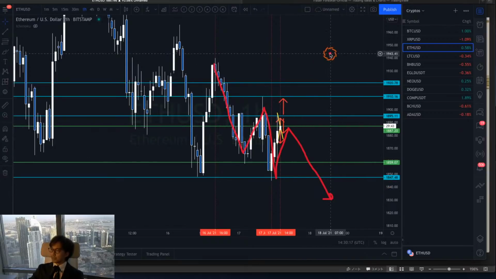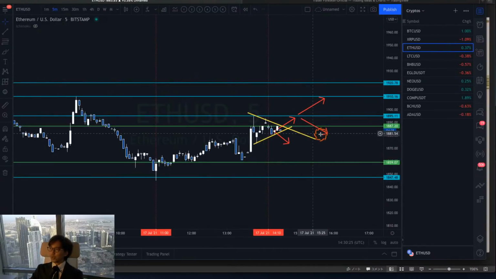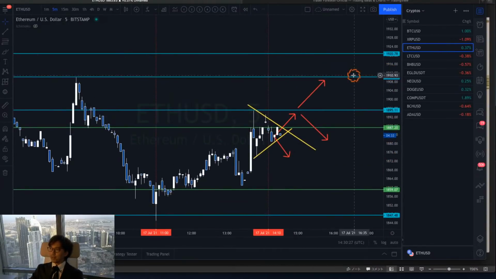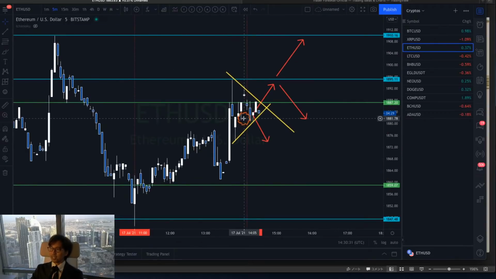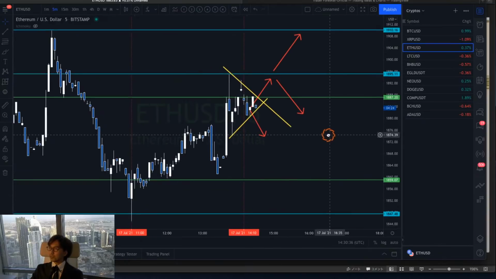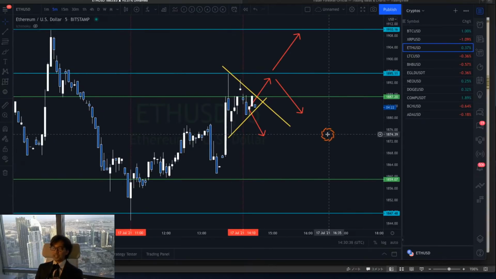It's possible. But for now, today, as a scalper in 5-minute chart only, this is bullish. So I'm holding buy right now, theoretically. Not physically, but theoretically, I place a buy and monitoring the chart during this live stream.